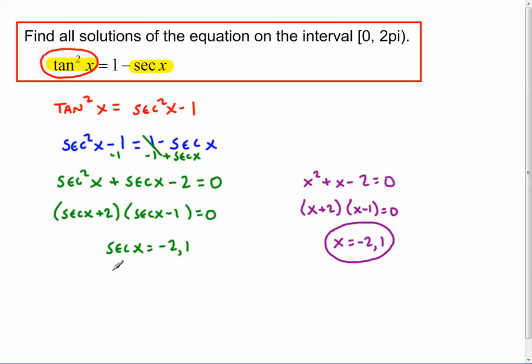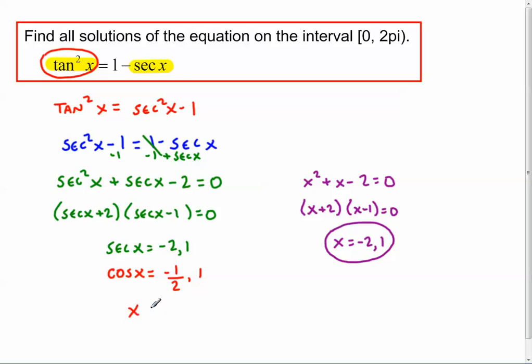Now, I always like to rewrite these. Anytime I'm doing reciprocal functions, I'd like to turn them back into sine and cosine. So I'm going to turn negative 2 into negative 1/2. Now, when I flip 1, I still have 1. I like to think of sine and cosine as opposed to secant and cosecant. So that's why I've rewritten that. You don't have to do that, but I think that helps.